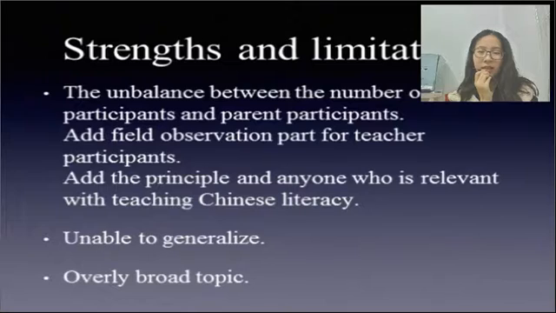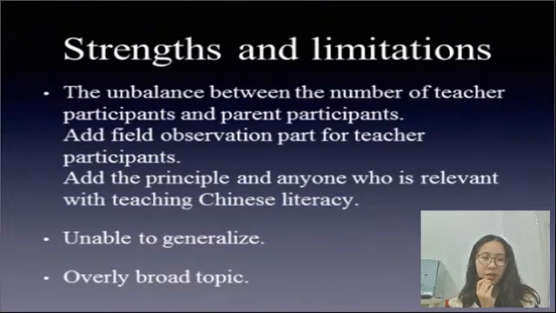As to the strengths and limitations, I think there are three limitations, which are quite obvious. The first one is the imbalance between the number of teacher participants and parent participants. Because I'm going to understand the relationship between the teacher participants and parent participants, it is much better if I can get an equal number of both.